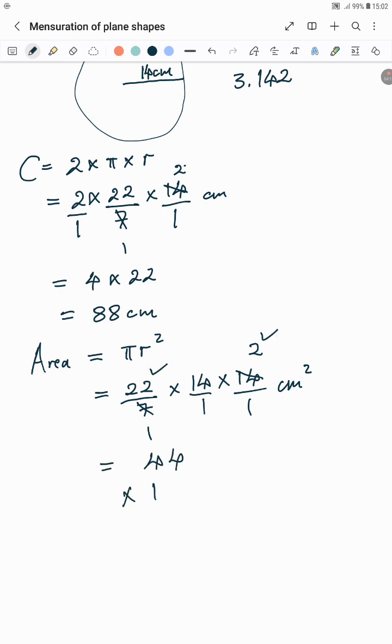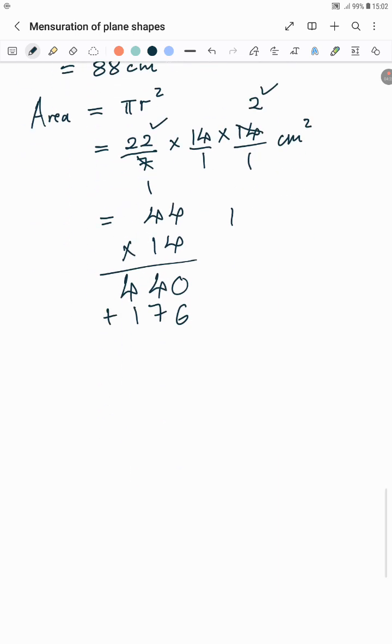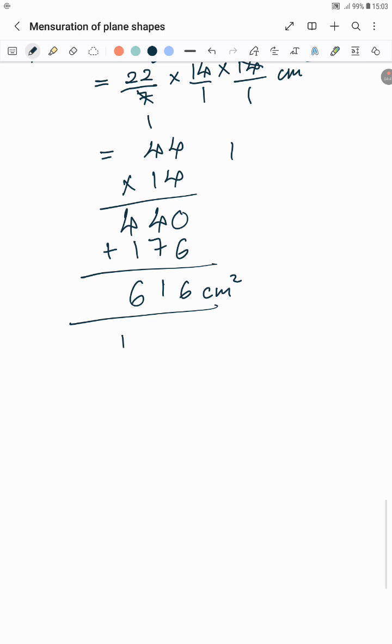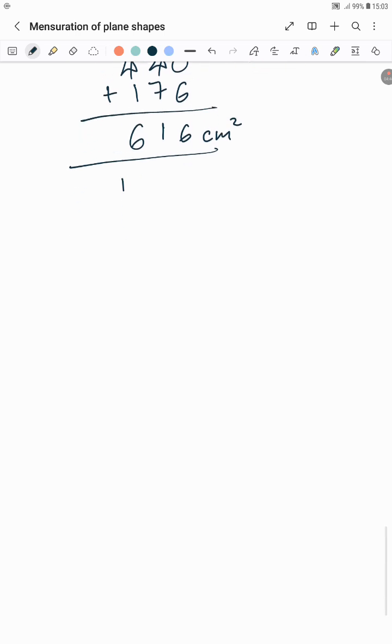You say 44 times 14: 4 times 4, that's 16; 4 times 1, that's 4, plus 1, that's 5; and so on. You add these and get 616. So your area will be equal to 616 square centimeters.